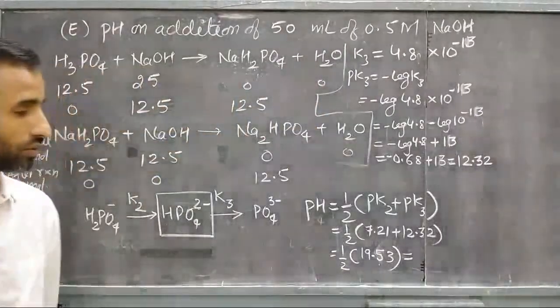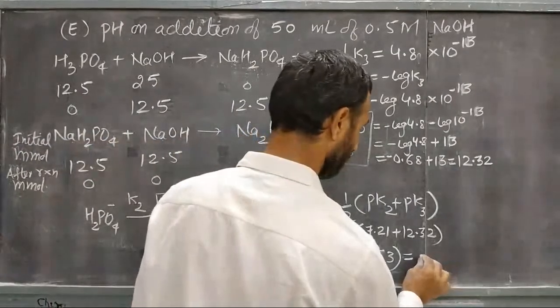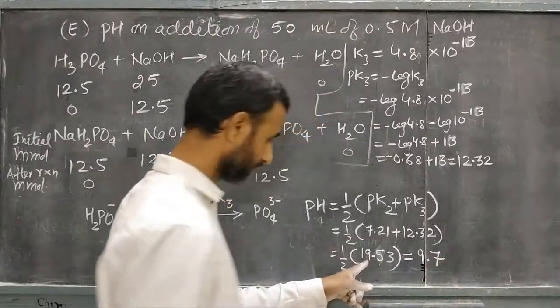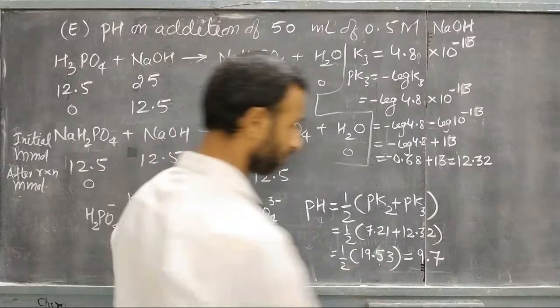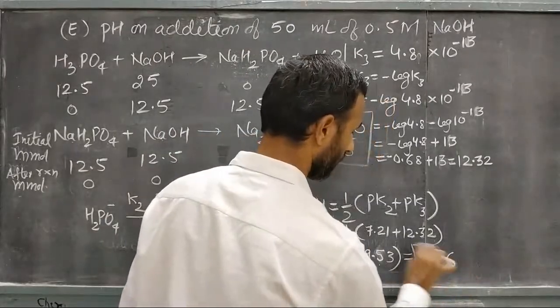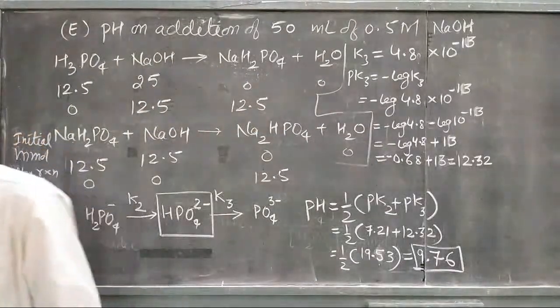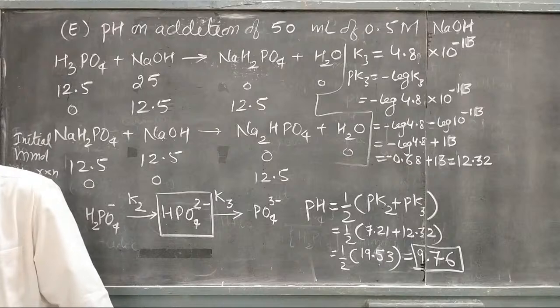So it is 9.76 around. Good. 9.765. So we can take it as 9.76.